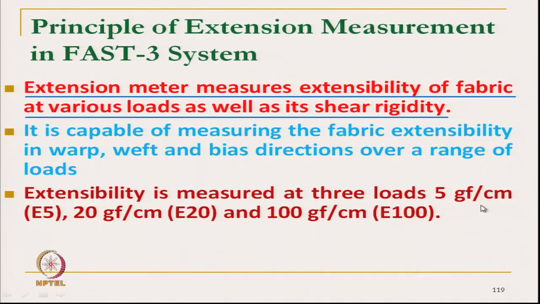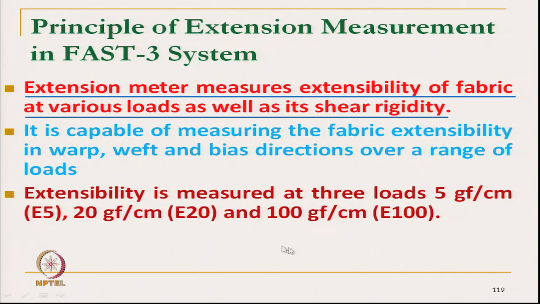So, extensibility is measured at 3 loads. One is 0.5 gram force per centimeter, it is called E5, then 20 gram force per centimeter, it is E20, and 100 gram force per centimeter, it is E100.